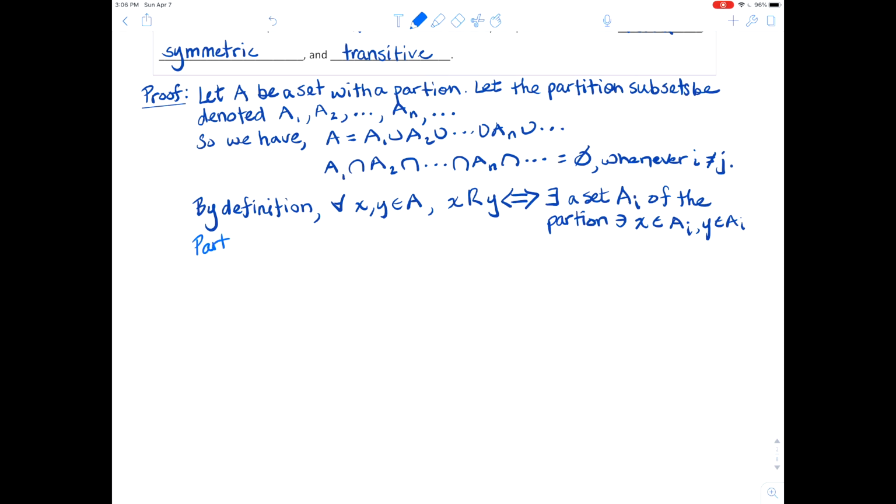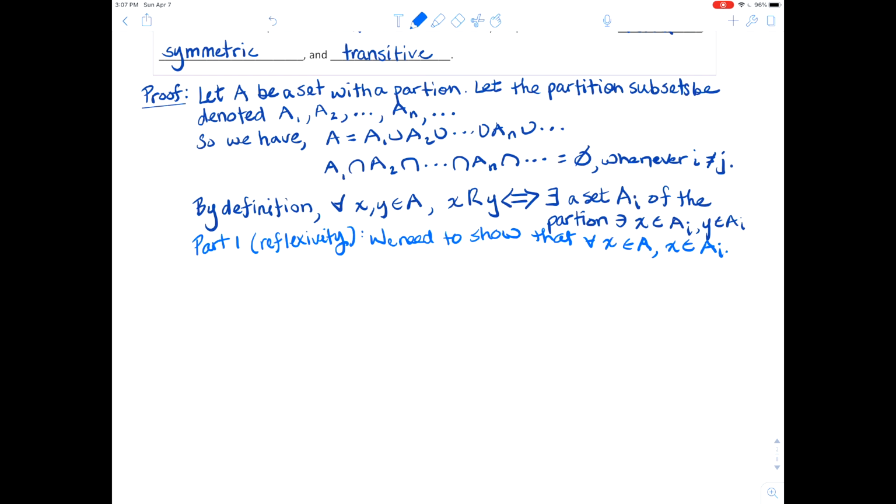For part 1, so our evil plan is we need to show that for any x that belongs to A, we need to show that x R x, that is, x also belongs to the partition set AI.